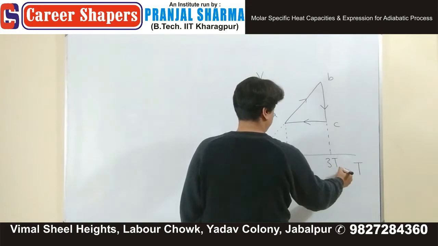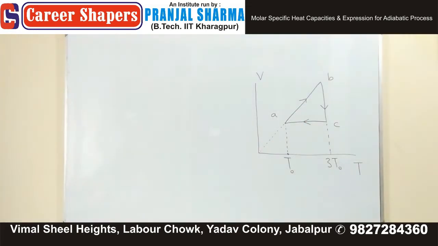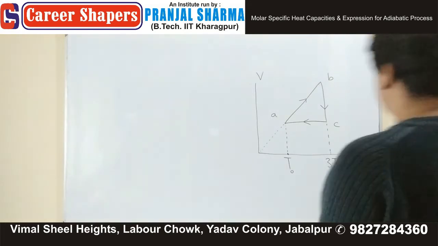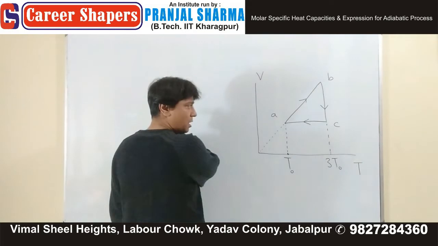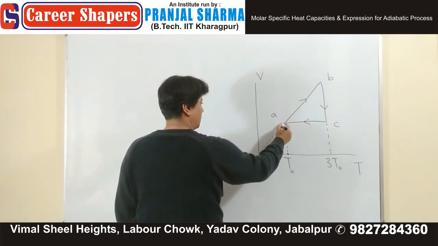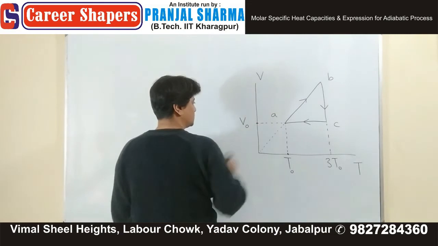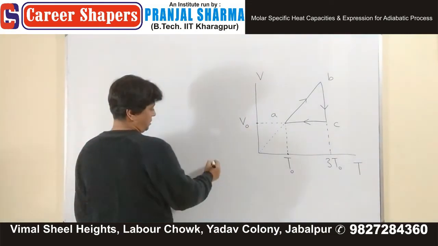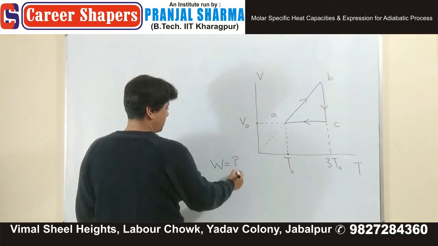This is 3 T naught. This is V naught. Find out work done by the system.